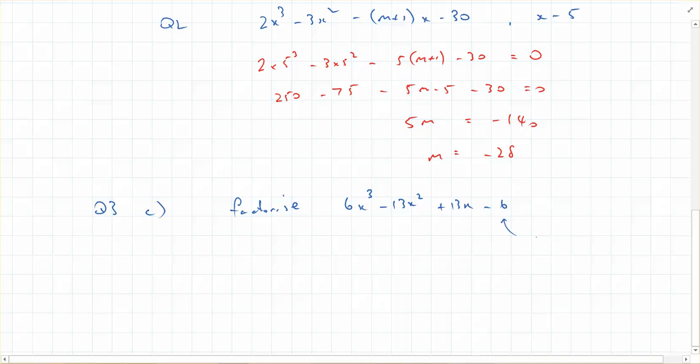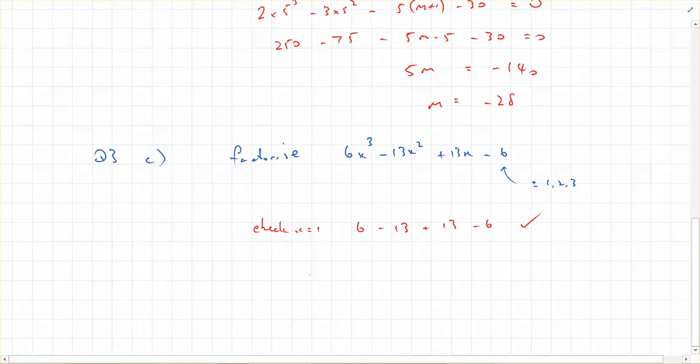Remember, we're going to check plus and minus 1, 2 and 3. Firstly I'll check, my battery's running out, I better hurry up. I'm going to check x equals 1, which is 6 minus 13 plus 13 minus 6, so that works, hopefully. So that means x minus 1 is a factor.